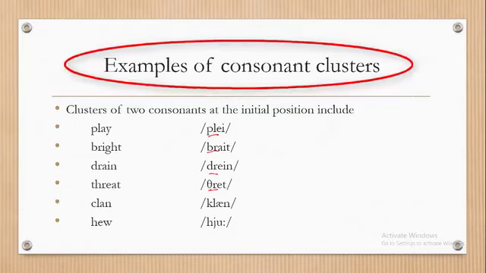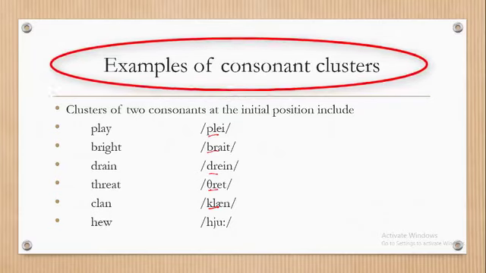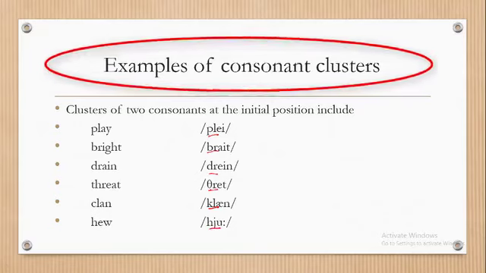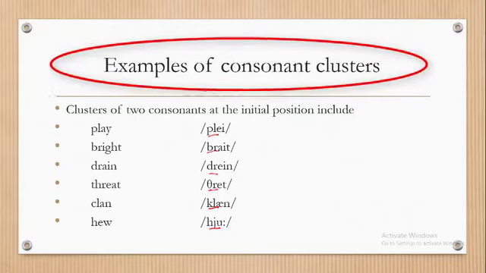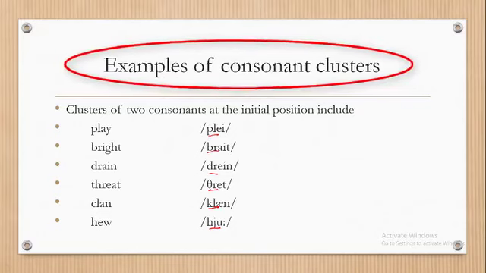We have clan. Then we have hue. At the initial position of every one of the words listed, that's why I have to transcribe these words down for you to see, you would notice a cluster at the initial position, which is otherwise the beginning of the syllable.